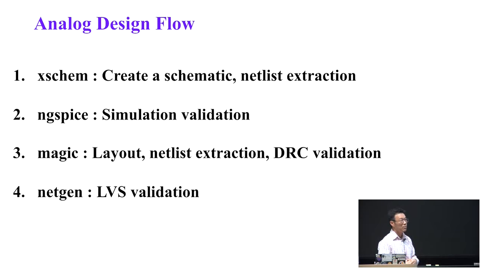It's not a high quality of simulation, but for simple or fundamental simulations, such as gain over frequency, we can get reasonable results. Magic is used for doing the layouts, and we also use another layout tool. And Netgen is for DRC or efabless checks.